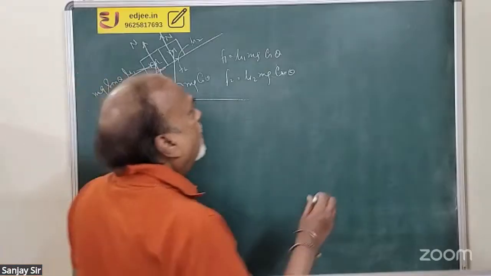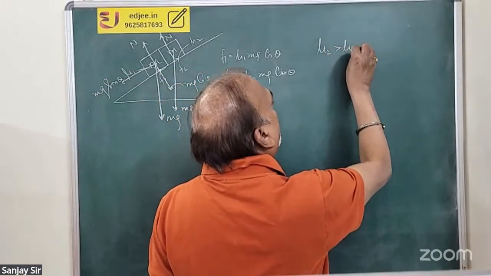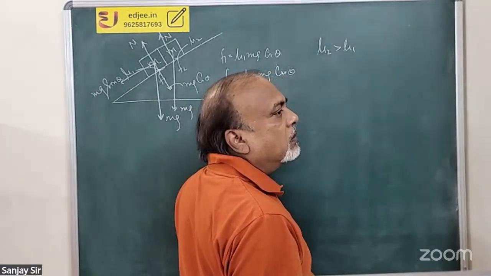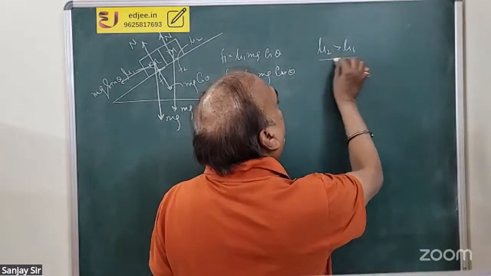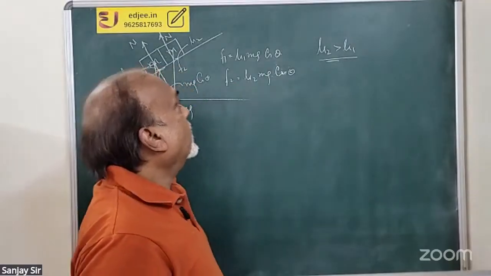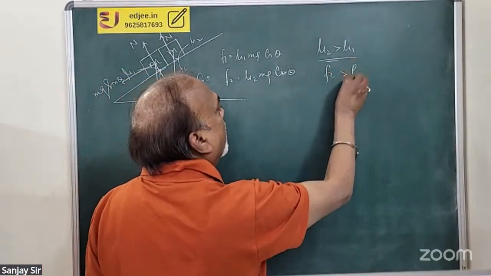Now here the thing is, if mu2 is greater than mu1, that means your F2 is greater than F1.